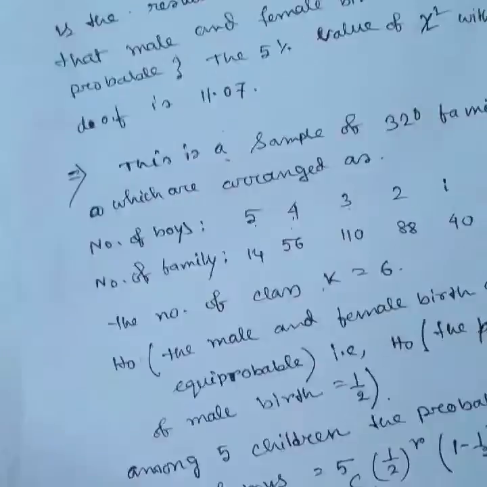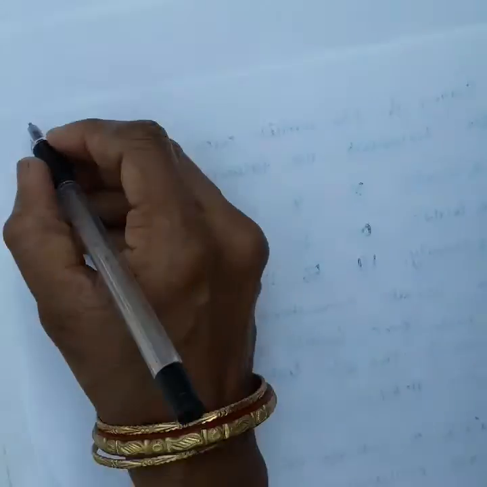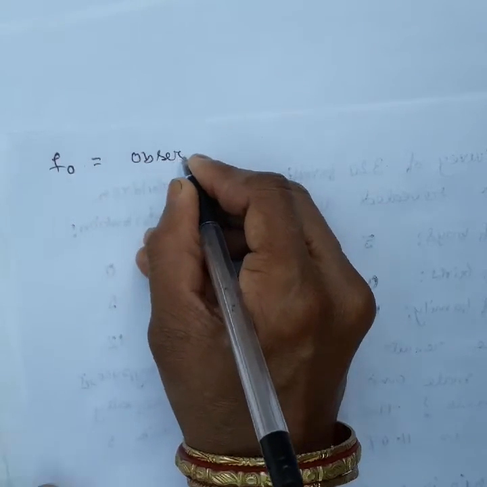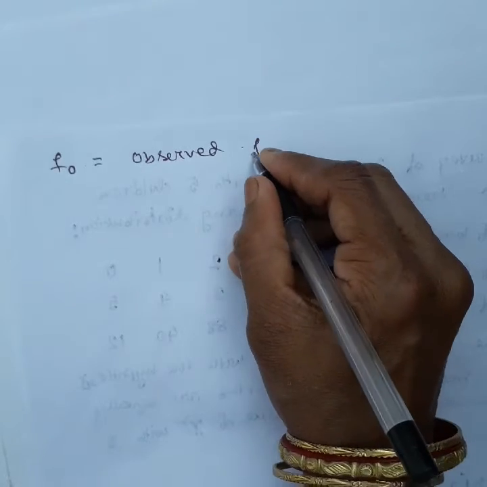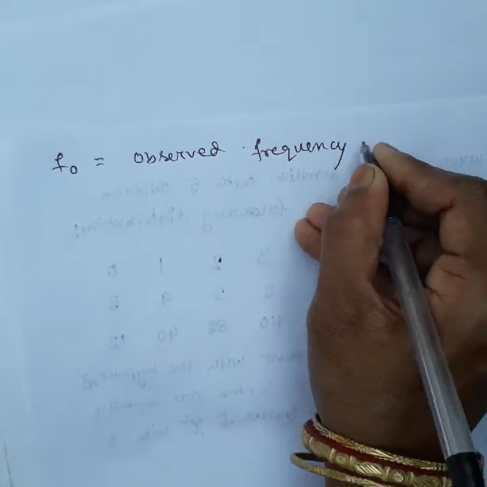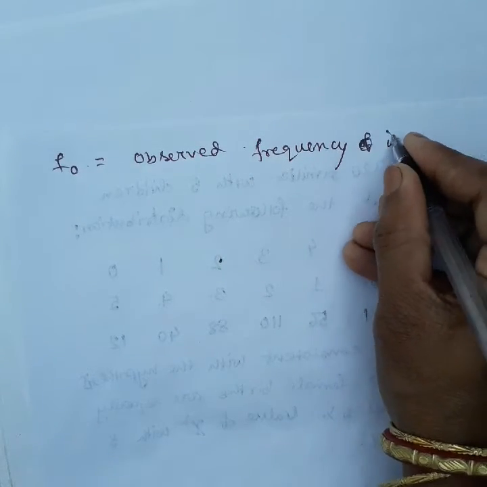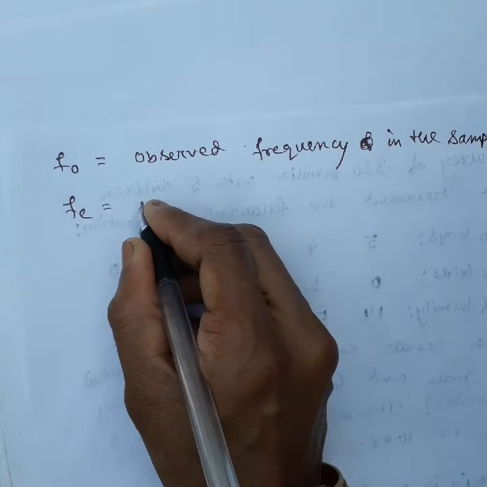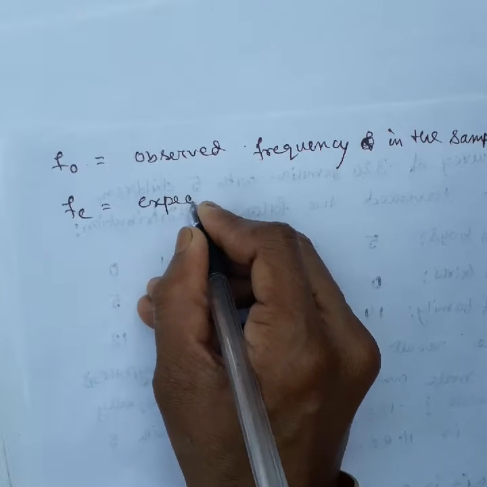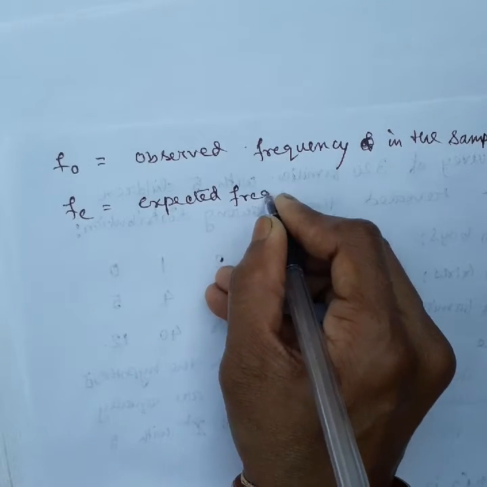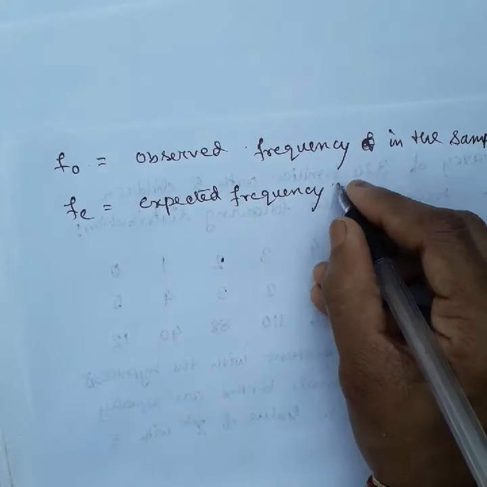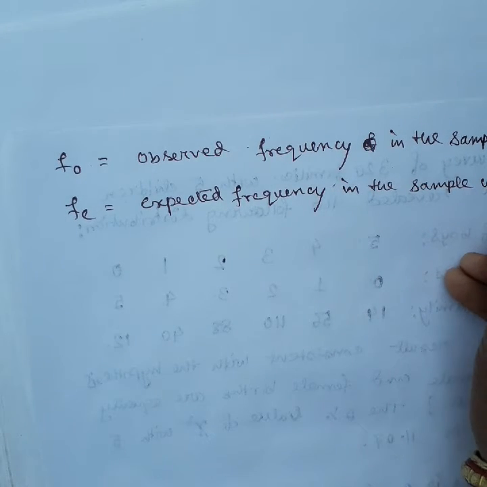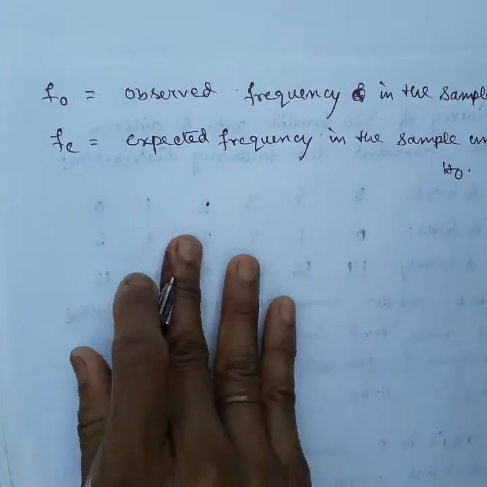Okay, so now we take here FO, that is equal to observed frequency in the sample, and FE is equal to expected frequency in the sample under H0.